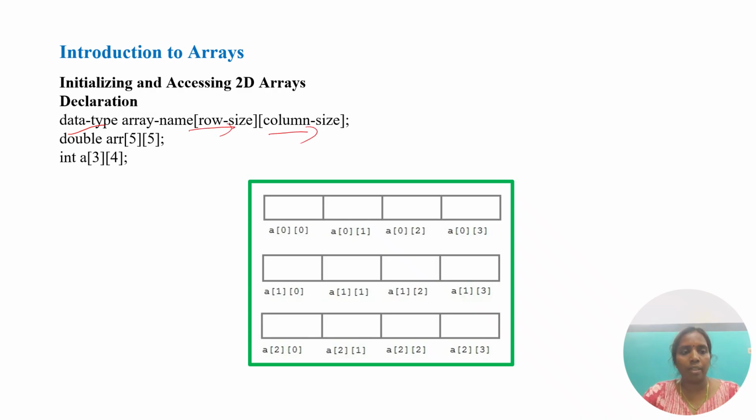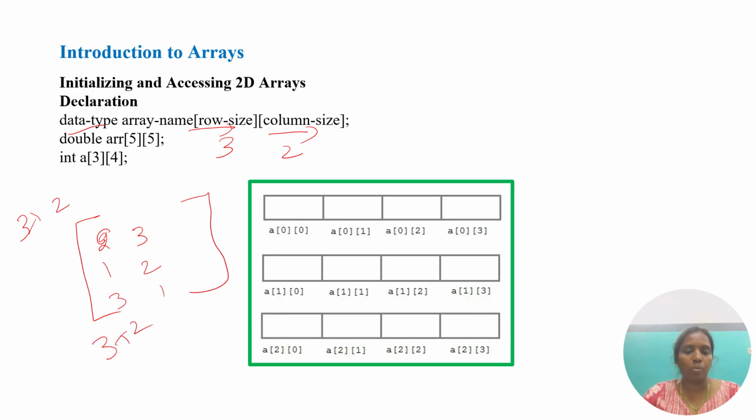For example, if you want to create a 3 cross 2 matrix, the row size is 3 and the column size is 2. So this is a 3 cross 2 matrix having 3 rows and 2 columns.